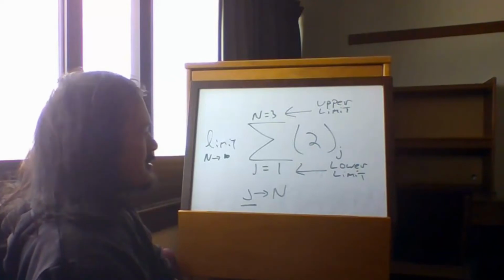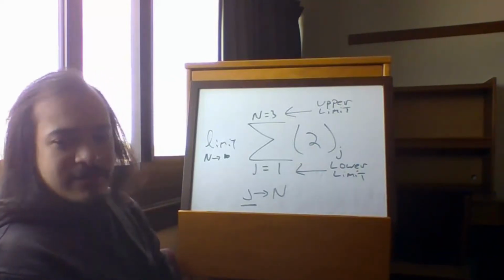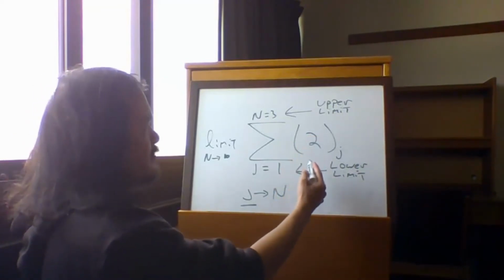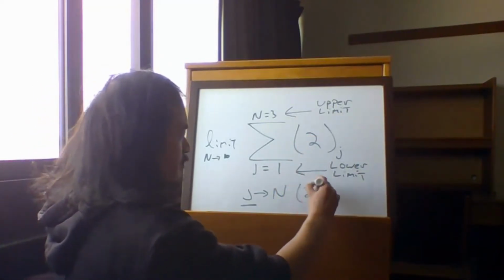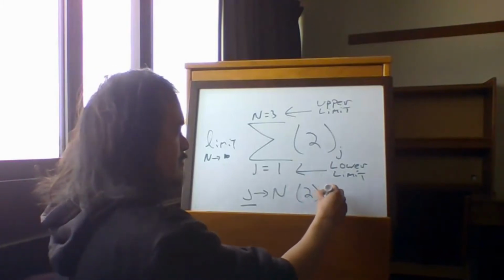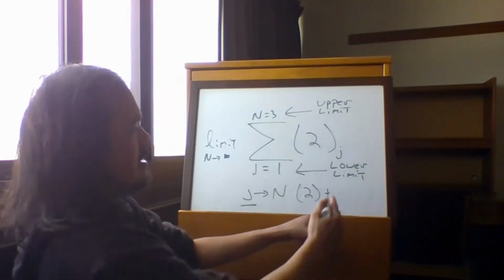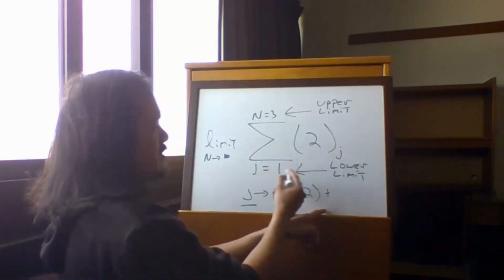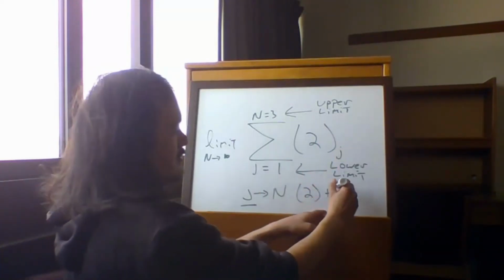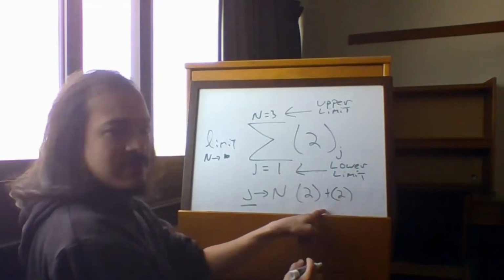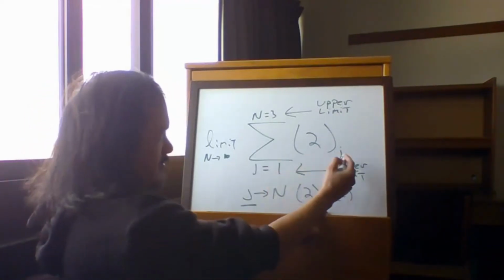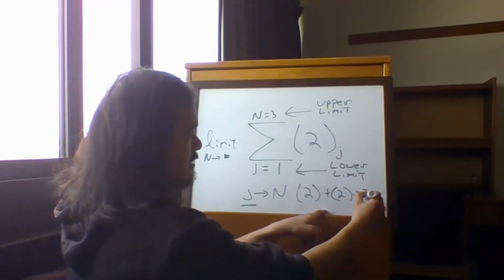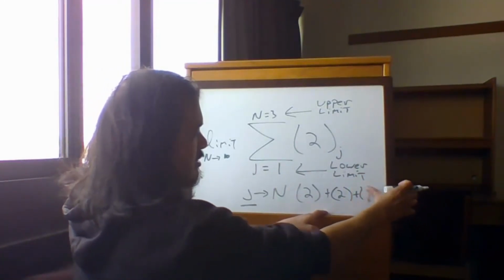So what ends up happening is we have to add 2. Well, j is 1, so the first one is 2. Where j equals 2, that's still 2. j equals 3, oh, we finally counted to 3.